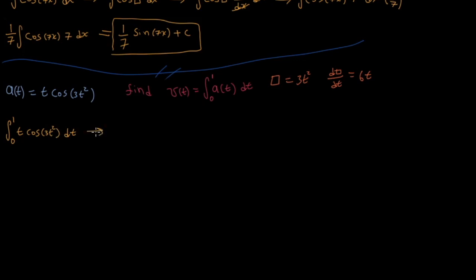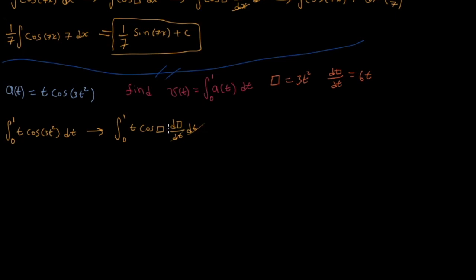Now when we put in our placeholder, it takes this form here. So from 0 to 1, t times cos of our box times d box by dt times dt. And as you can see here, you can visualize these dt's canceling out.